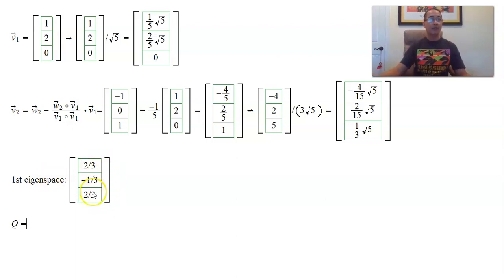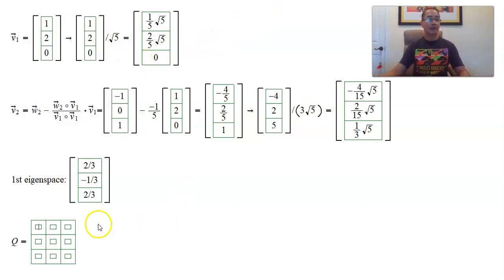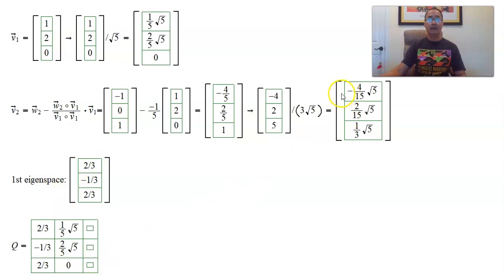Now we're going to assemble the matrix Q. We will put this in column 1, column 2, column 3, because 0 is smaller than the two 9s. We'll put a 3 by 3 matrix to hold our vectors. I'm going to take this and paste it into column 1, take this and paste it into column 2, and take this and paste it into column 3.